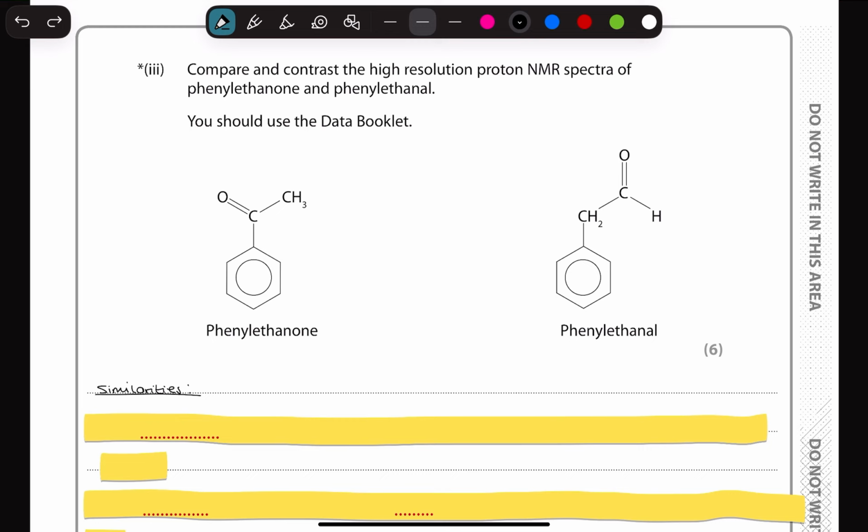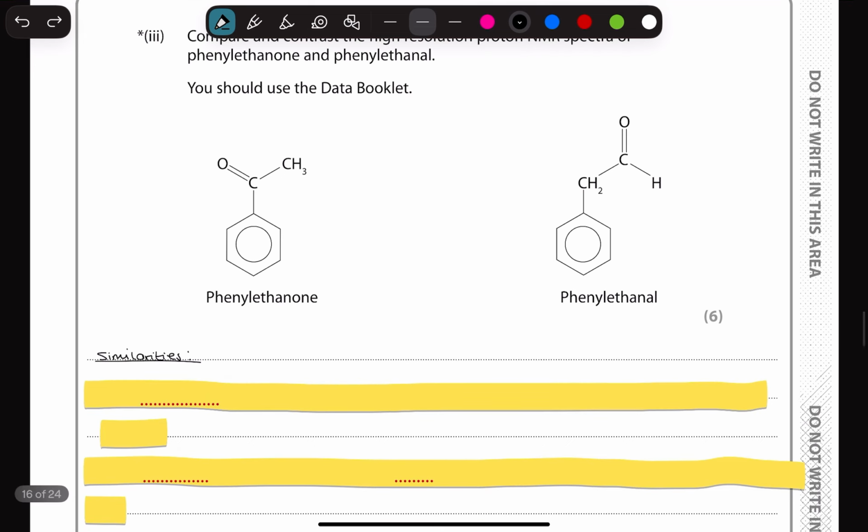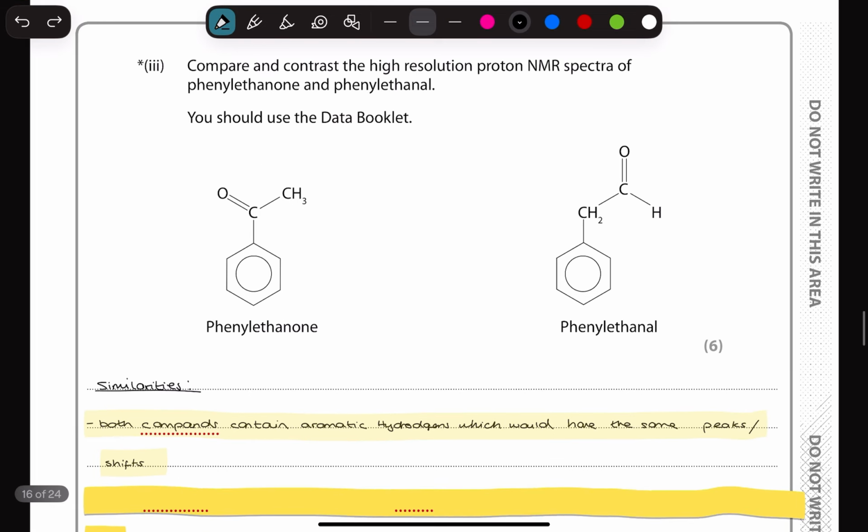And in A-level, we don't have to be able to explain this peak or the shifts or the splitting patterns, but we just need to know that benzene produces a peak because of its hydrogens. And because there's two benzene groups, we can say that the hydrogens within the benzene produce the same number of peaks with the same shift. So that's the first point. So both compounds contain aromatic hydrogens, aromatic meaning the benzene groups, which would have the same peaks/shifts. So that's the first point, easy mark.